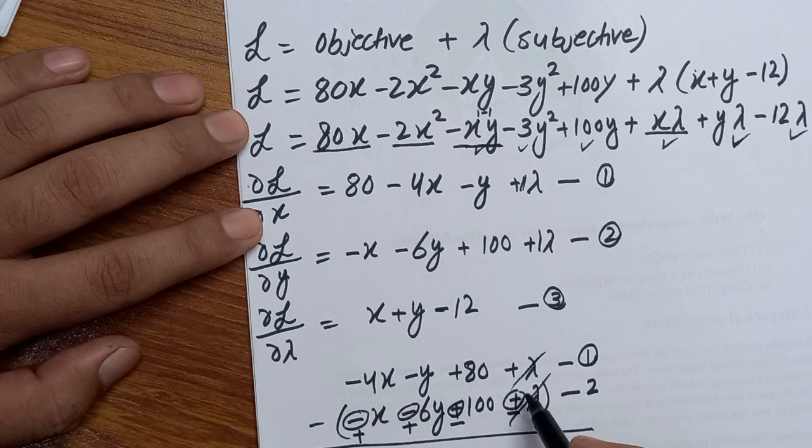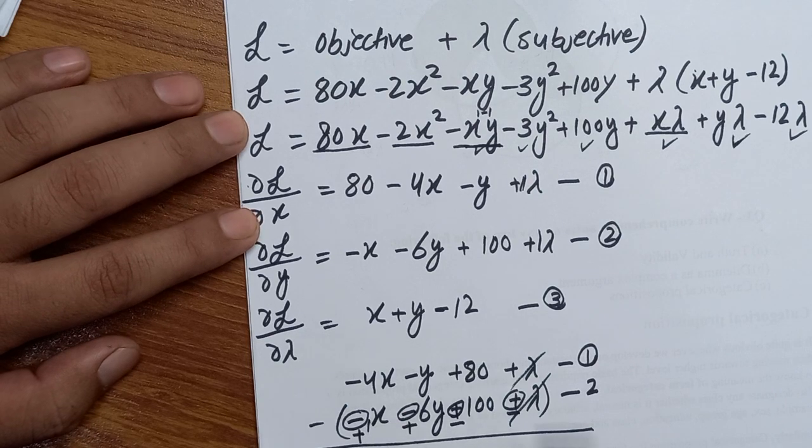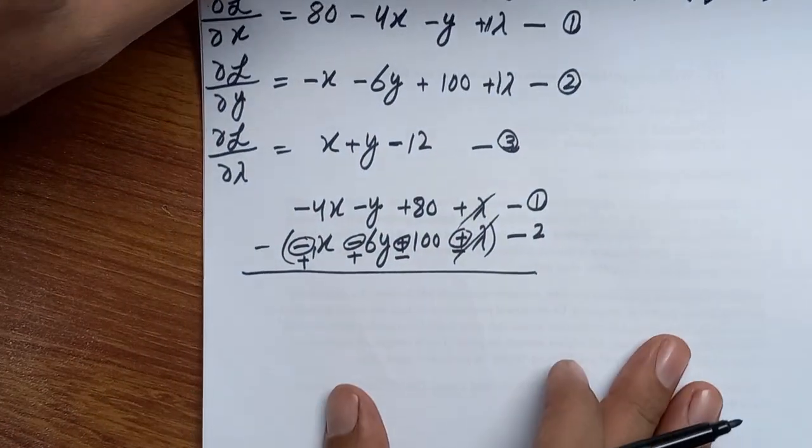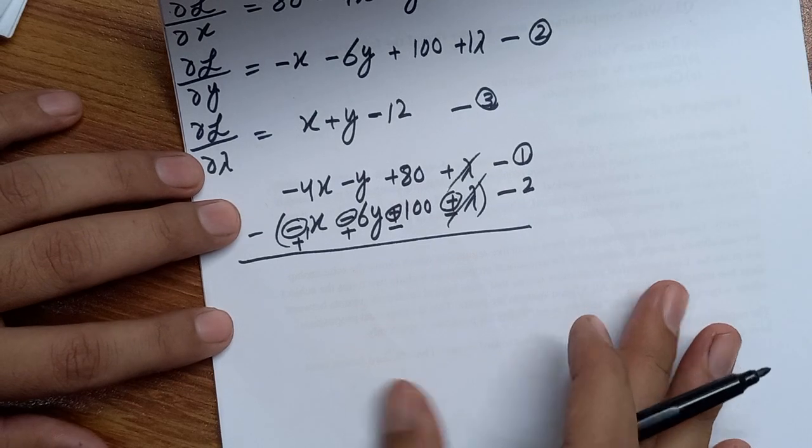This lambda will be cancelled with this lambda because plus and minus cancel each other. So here we have minus 4x and here we have plus 1x. The coefficient here is 1, so we don't need to write it. I hope it is visible.